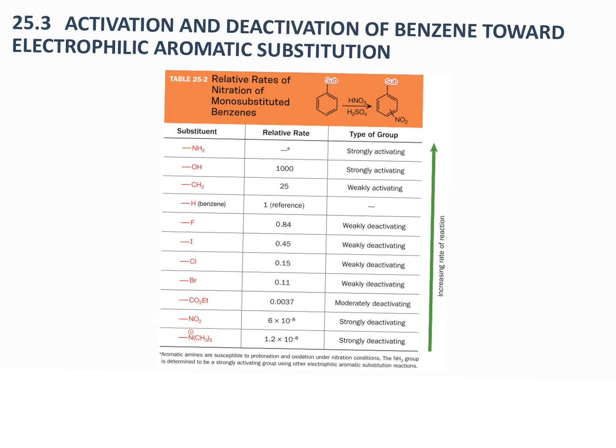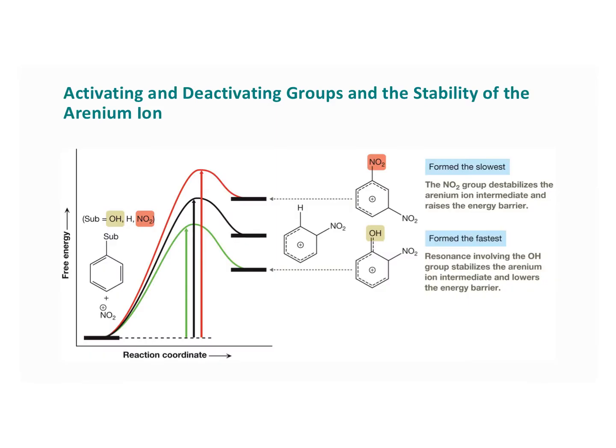And so relative to the hydrogen, the NO2 group deactivates the benzene ring towards electrophilic aromatic substitution, which means it slows down the reaction rate. So maybe the burning question in your heart is, Dr. Pierce, why is the OH group so strongly activating? I'm so glad you asked.